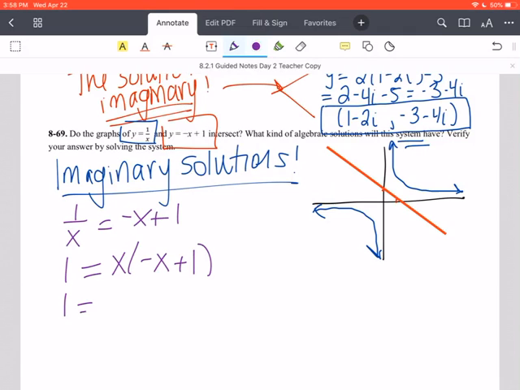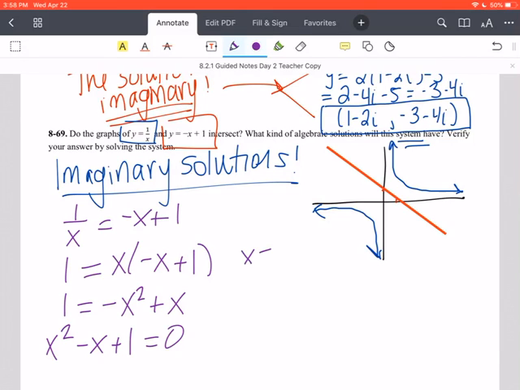So I have 1 equals negative x squared plus x. If I move everything to the left-hand side to get my x squared positive, I have x squared minus x plus 1. I don't think that I can factor this, and we're anticipating imaginary solutions, so we use the quadratic formula.